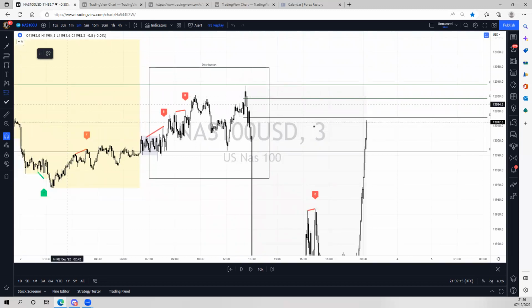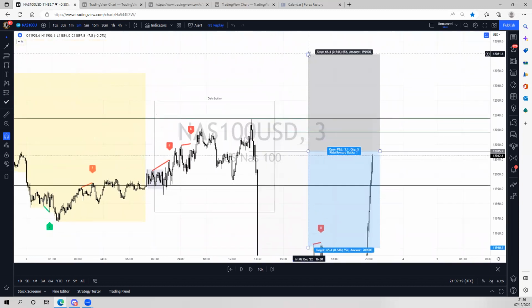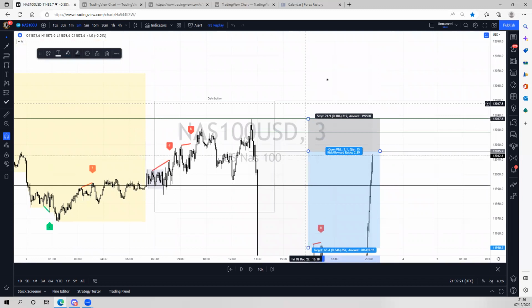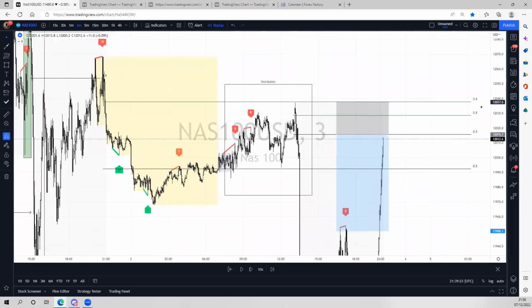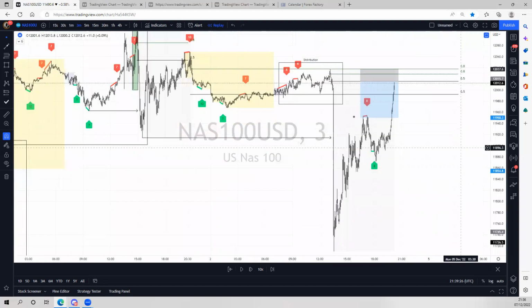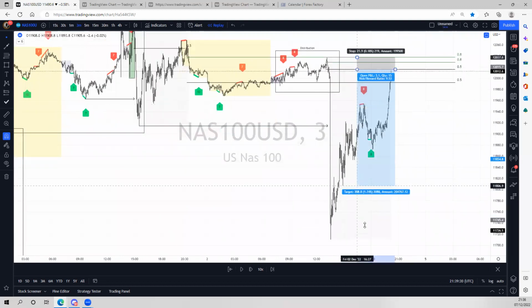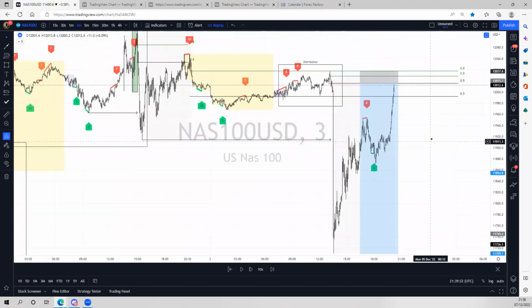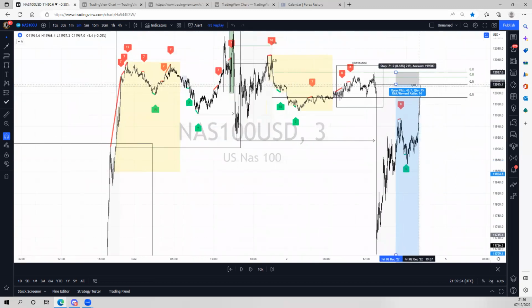Short position. Would this be worth it? Yeah, I'm taking that. The point of interest is in there.